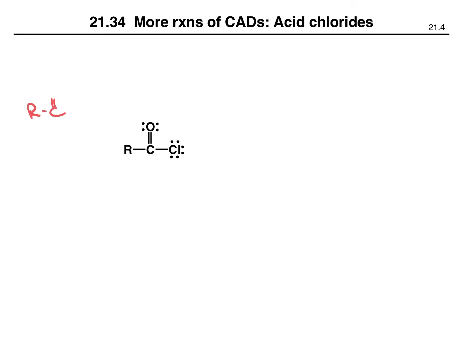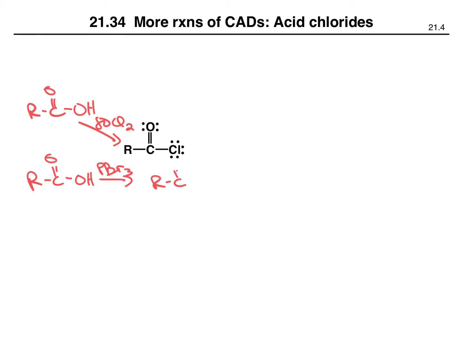So we can prepare them from a carboxylic acid, treating this with thionyl chloride, or we could take a carboxylic acid, treat it with PBr3, and that would give us the acid bromide.